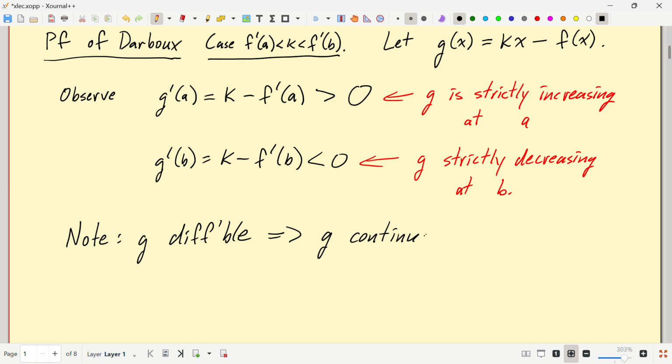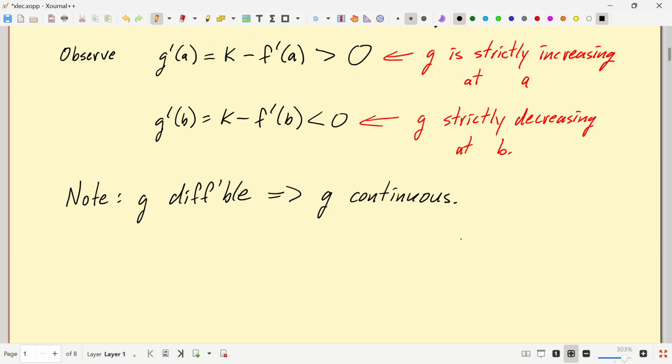And we know a continuous function on a closed interval AB assumes its max.